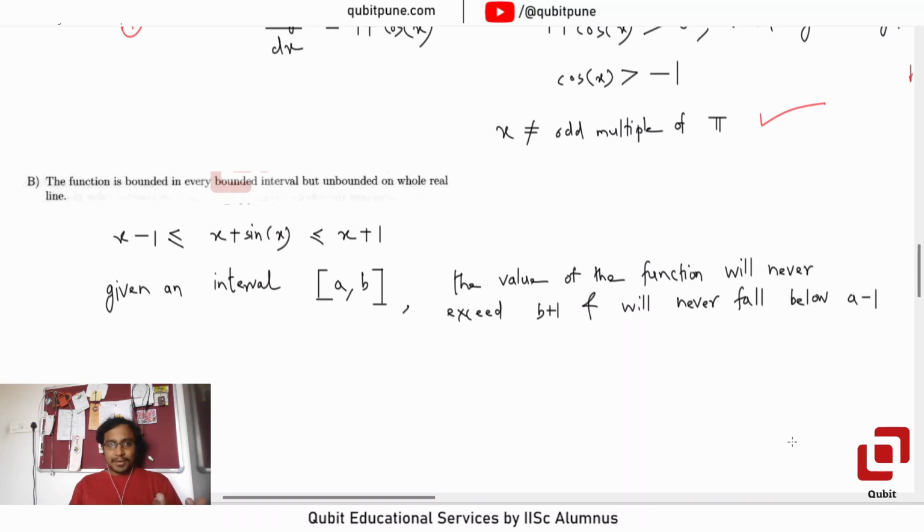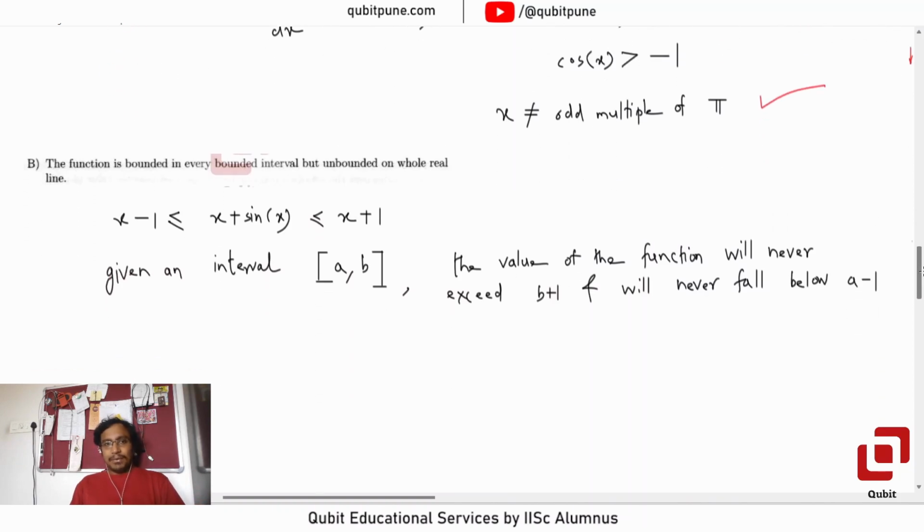Right, so exactly. Is it true that it is bounded on every interval? Yes, it's bounded in every interval. But is it unbounded on the whole real line? That means, can we come up with a number such that all values of f of x are less than that?